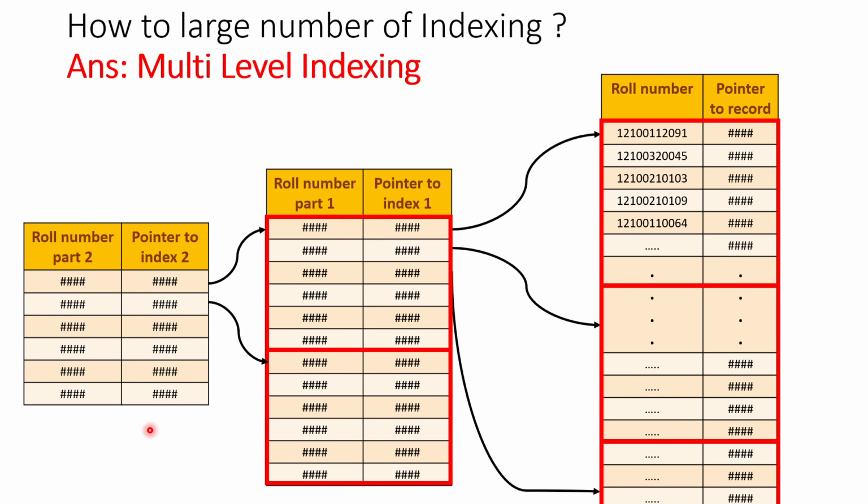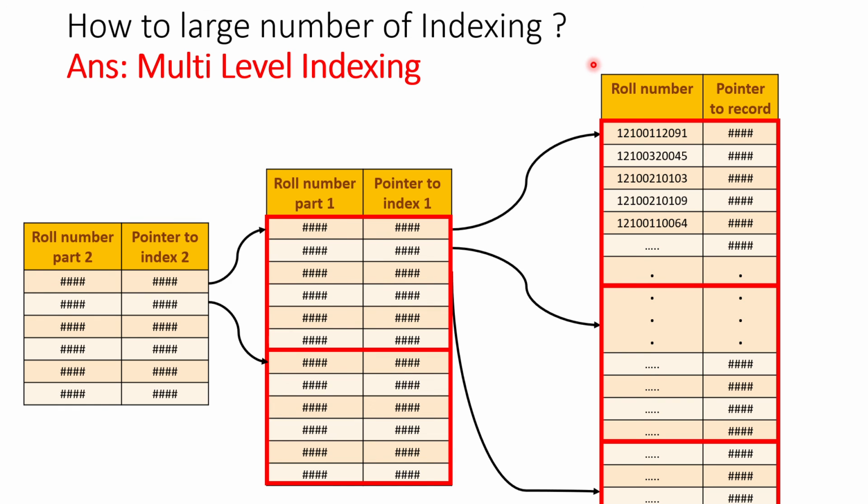So what are this roll number part 1 and part 2? Since I have taken these roll numbers in an arbitrary way, it's not directly possible to show you exactly how it is divided into two parts. But in an actual scenario, for example, there is some number, and it is divided so that one half is part 1 and the other half is part 2.